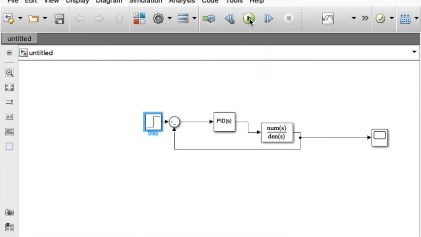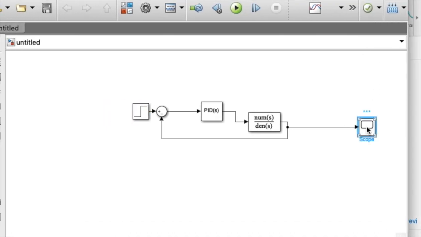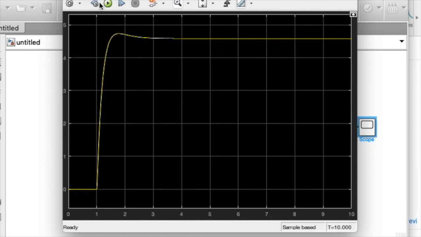Okay, so let's run it. So you'll see it has steady state errors. So it seems like we will have to use a PID. But you see, it starts here, but it's because the step input was applied at time t equals to 1. And we went close to 5, but we never reached 5.